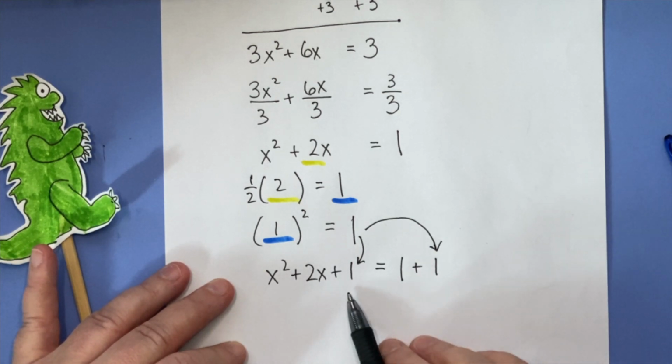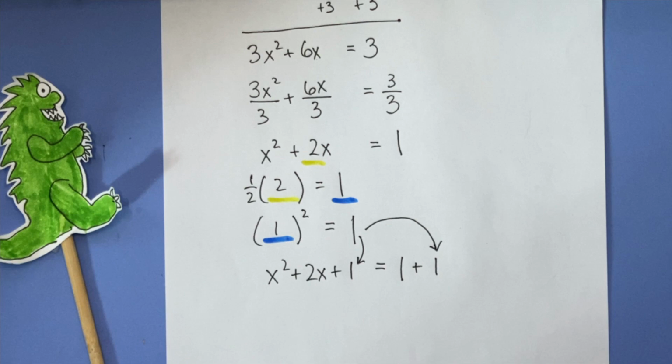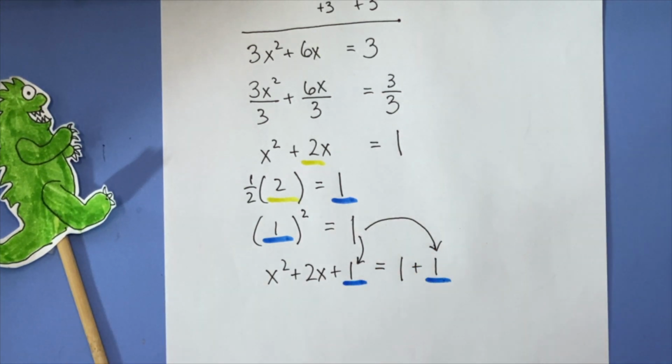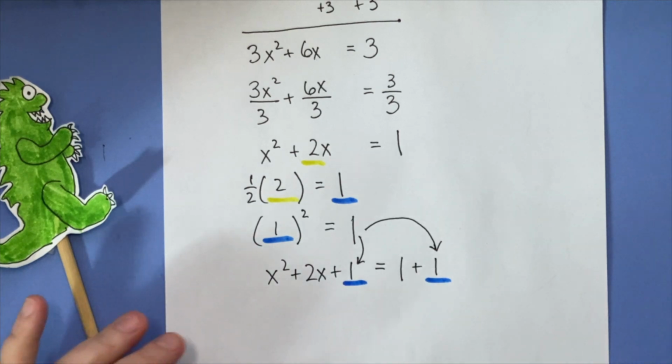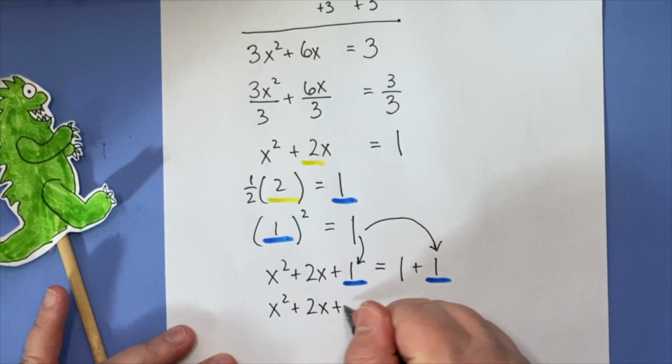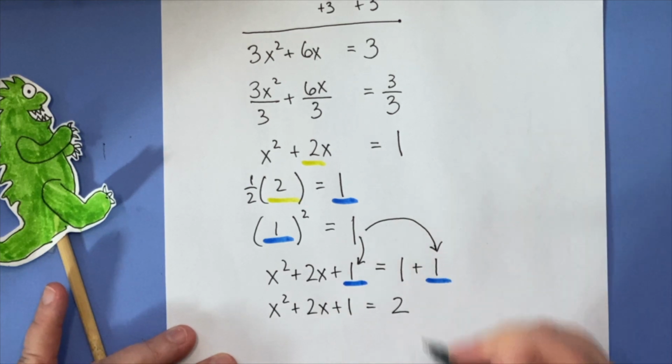And this is where it's going to get exciting, because this is going to give us x squared plus 2x plus 1 equals 2.